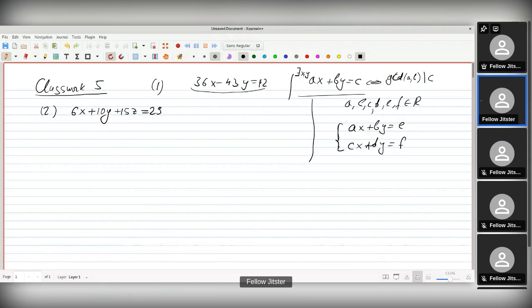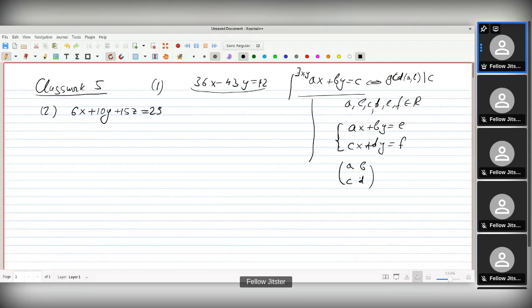In the reduced row echelon form of this equation, there will be something. Probably you should consider this matrix. Which trait must it have? The determinant must not be 0.